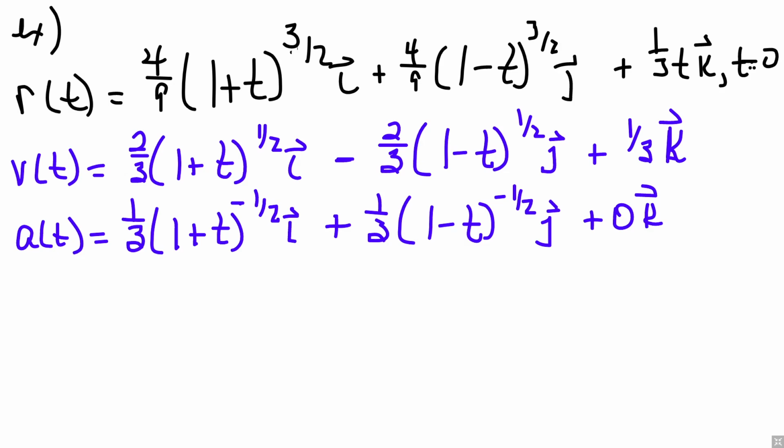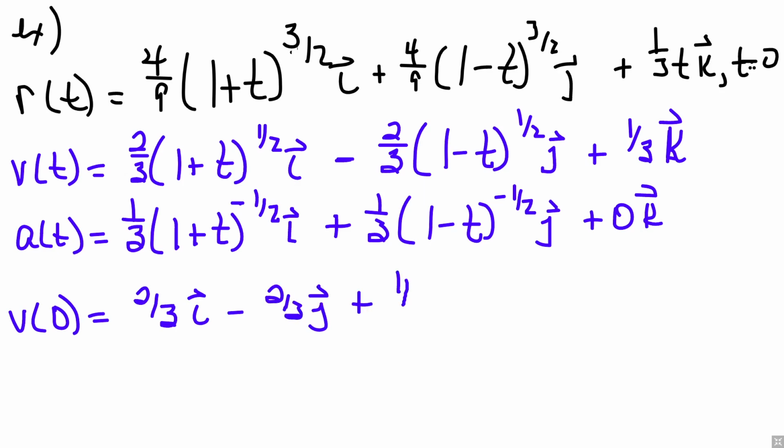Okay, so now that we have the derivatives, we need to find what the vectors are at time t equals 0. So v of 0, we're going to end up with 2/3 in the i direction minus 2/3 in the j direction plus 1/3 in the k direction.